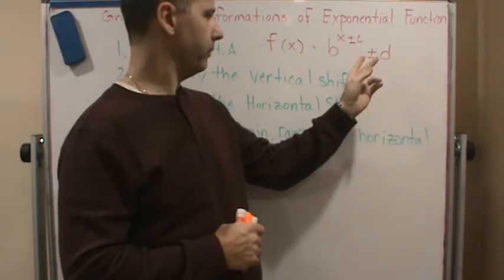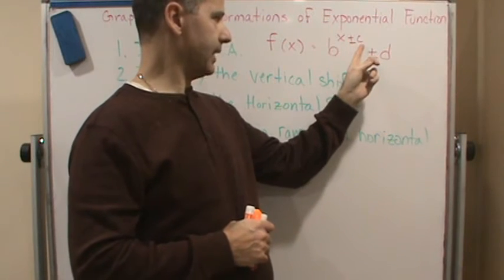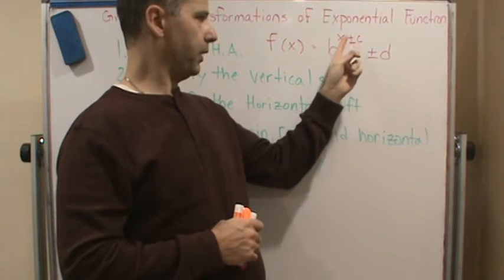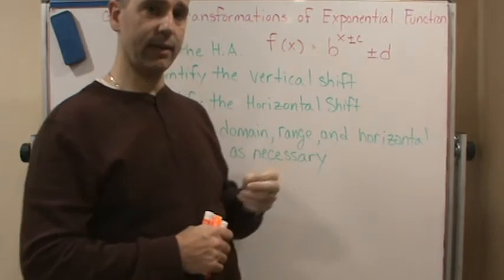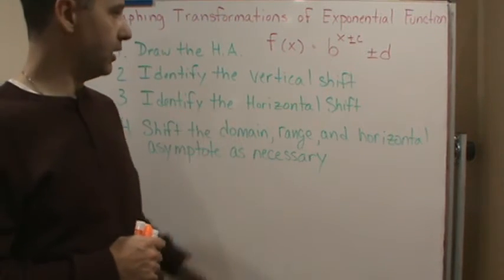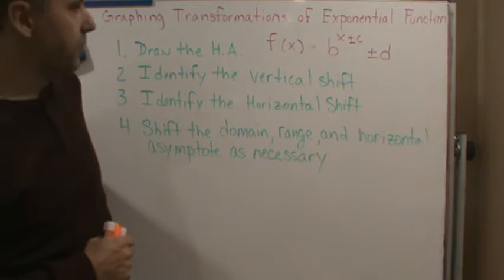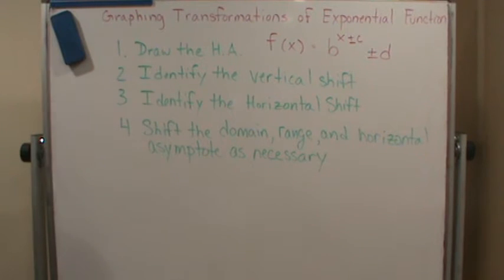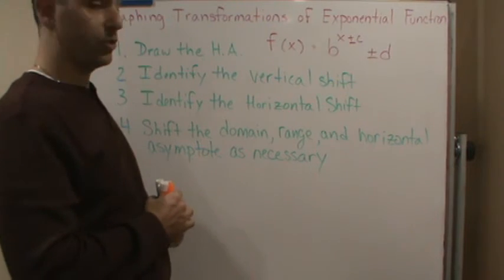That comes from here, the c. If you're adding a positive constant, then you're moving to the left, c units. If you are subtracting a positive constant, then you are moving to the right. Keep that in mind.